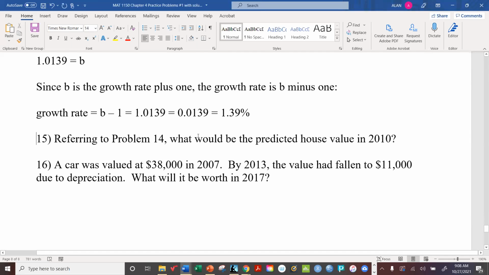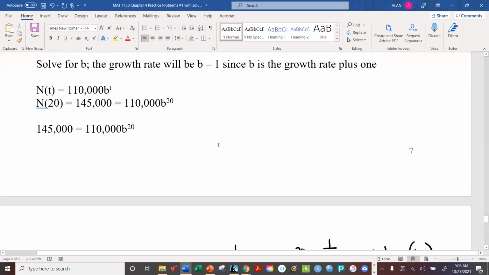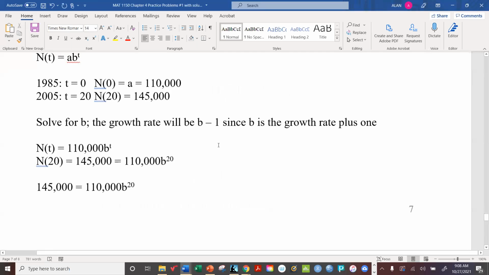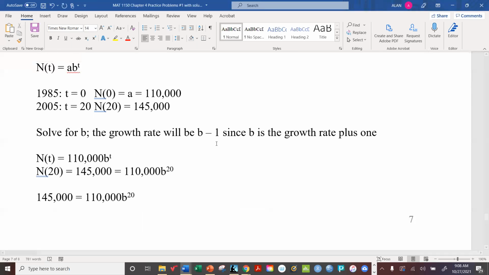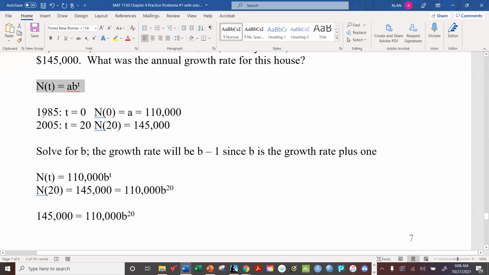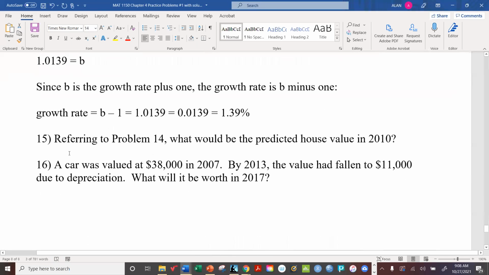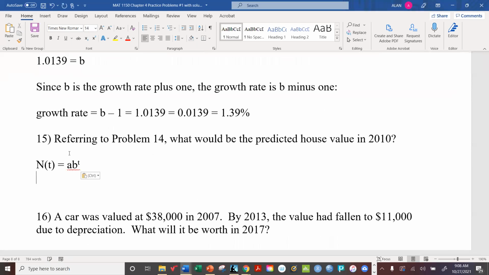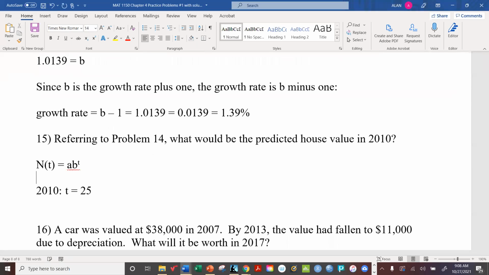All right. Now, referring to problem 14, what would be the predicted house value in 2010? Well, the way we set this thing up, 2010 would be year 25. So let's copy some of this information again. Since 2010 would mean that t is 25, because remember, 1985 was considered to be year 0.